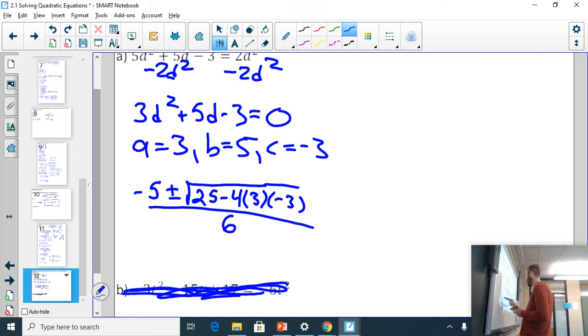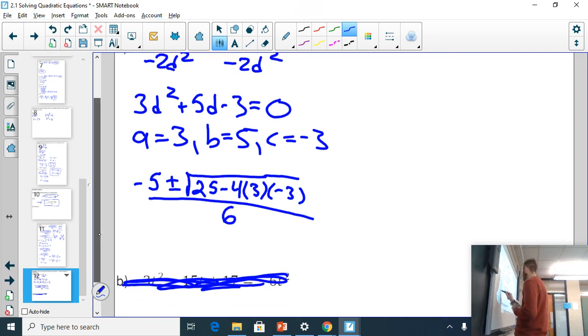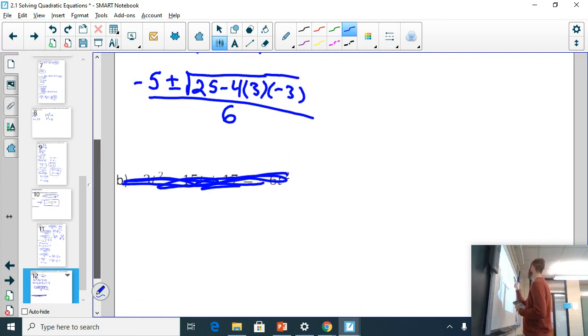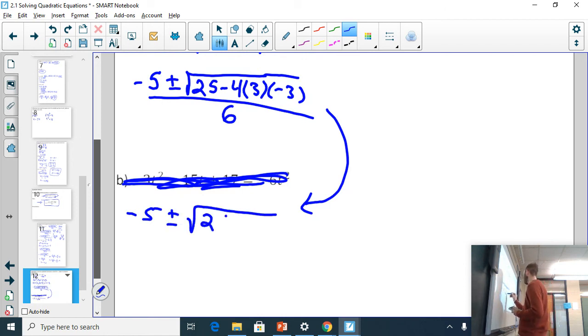So we are going to get, I'm going to continue down here. We have negative 5 plus or minus the square root of 25. This is going to be negative 36, right? So minus a negative is actually going to be plus 36, all over 6.